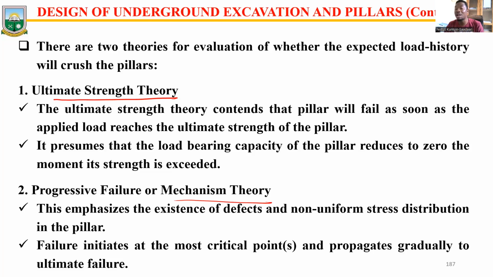And then the progressive one emphasizes the existence of defects and non-uniform stress distribution in the pillars. This particular theory considers non-uniform distribution. For example, you have pillars that are not evenly distributed. Then it means your stress will also not be uniformly distributed in all the pillars. You might have certain pillars bearing more stress than others. So this progressive failure or mechanism theory watches out for the non-uniformity of the stress distribution.